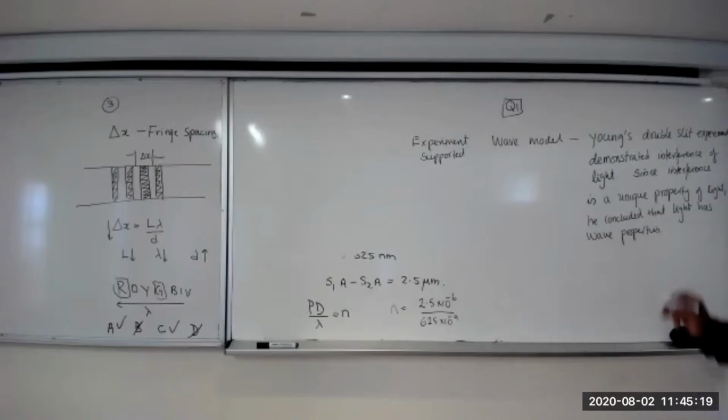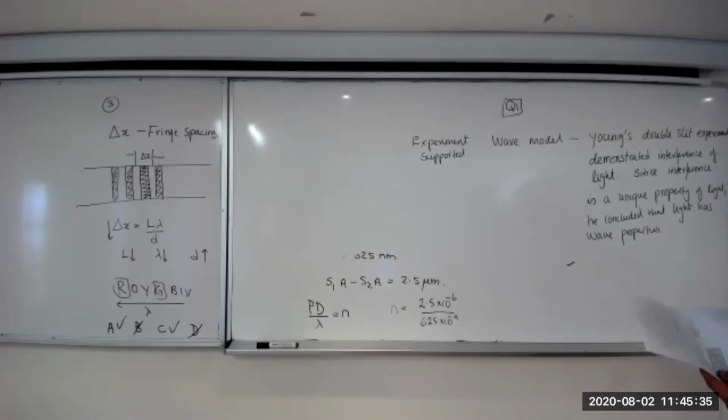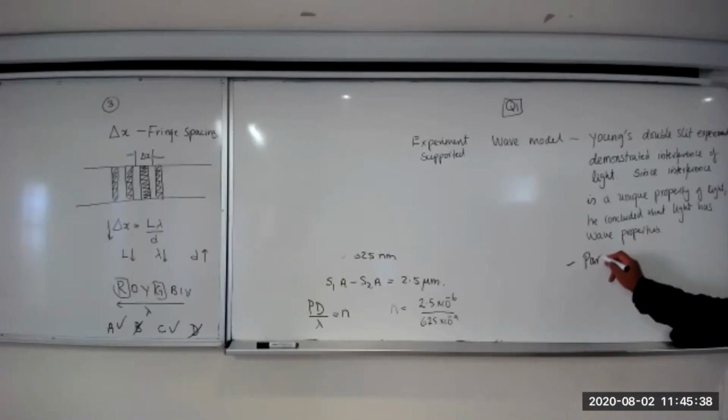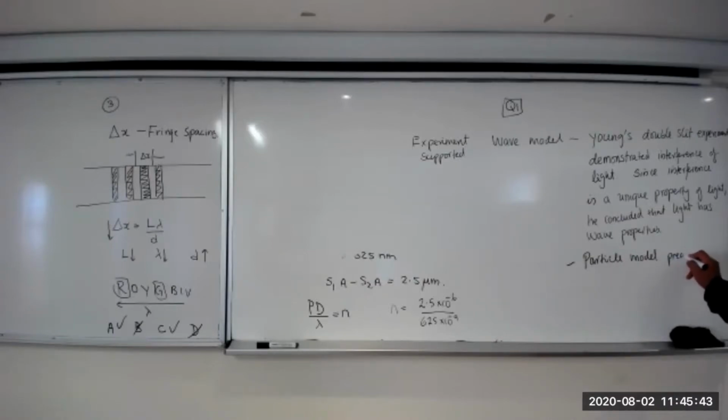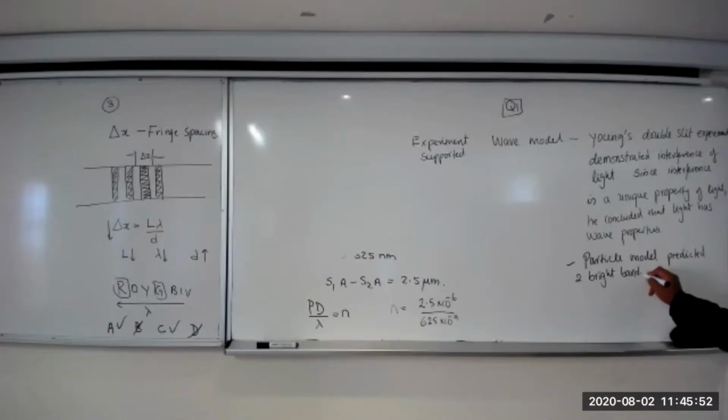Now, when you get a question like this, talking about the wave model and the particle model, you have to mention why his experiment did not support the particle model. Otherwise, you will not get the full marks. So the particle model predicted two bright bands on the screen, and essentially a dark band at the center.